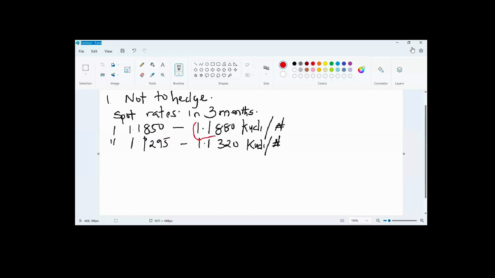For the first scenario, this is the higher rate. For the second scenario, this is the higher rate. Now come here. For scenario 1, let me take the board back.